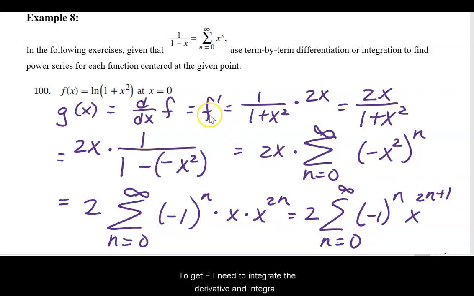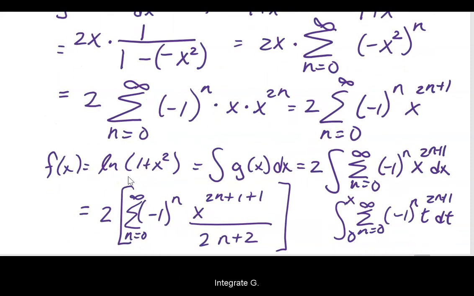To get f, I need to integrate the derivative, so integrate g. To integrate g, I will integrate the power series formula. When you integrate the power series formula, you are integrating from 0, which is our center, up to x using a dummy variable of t in place of the x in the power series.